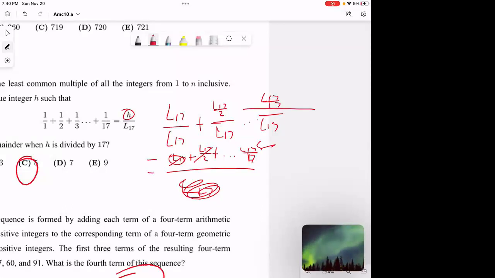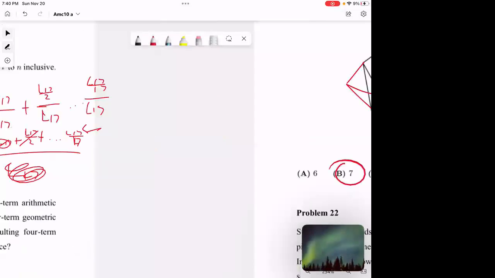So L of 17 over 17, the remainder of this when divided by 17 is what? For that, we have to solve for L of 17. That's going to be 2 to the power 4 times 3 squared times 5 times 7 times 11 times 13 times 17.